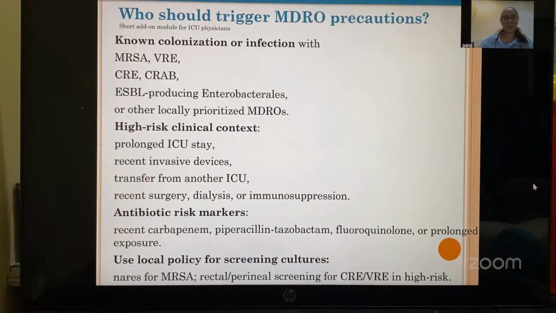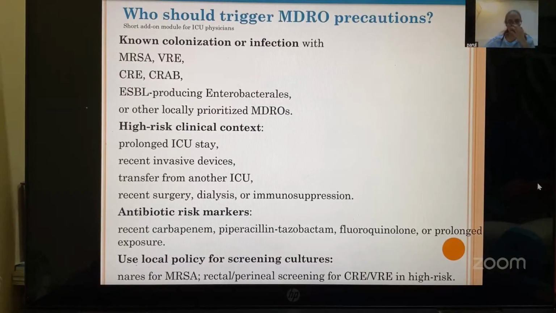We need to be aware about high-risk clinical context, prolonged ICU stay, any invasive device if patient has, is he coming from any another ICU which has a specific MDRO organism which is common in that ICU, recent surgery, dialysis, or immunosuppression, antibiotic risk markers like recent carbapenem use or some antibiotic use which has been done, and obviously it has to be tailored based on the local policy of screening cultures.